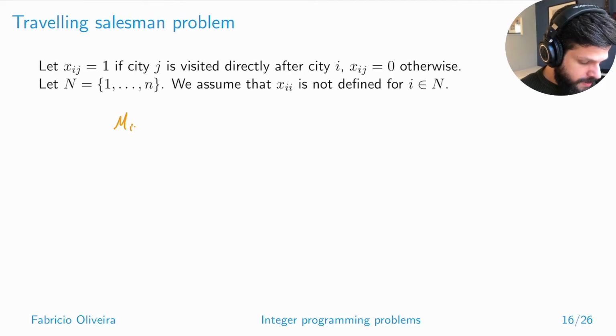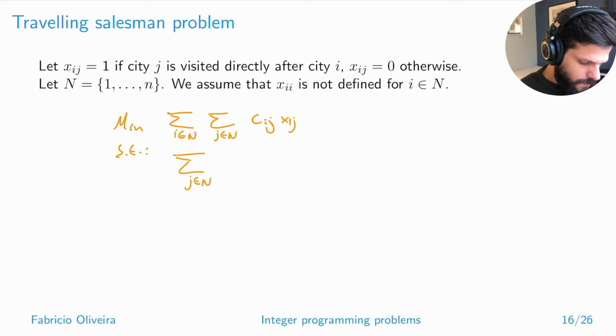So we are minimizing the sum over i in n, sum over j in n of cij xij, subject to, when I think about whenever I'm getting to a city from i, I can only go to a city and a city only, and that has to hold for all i in n.